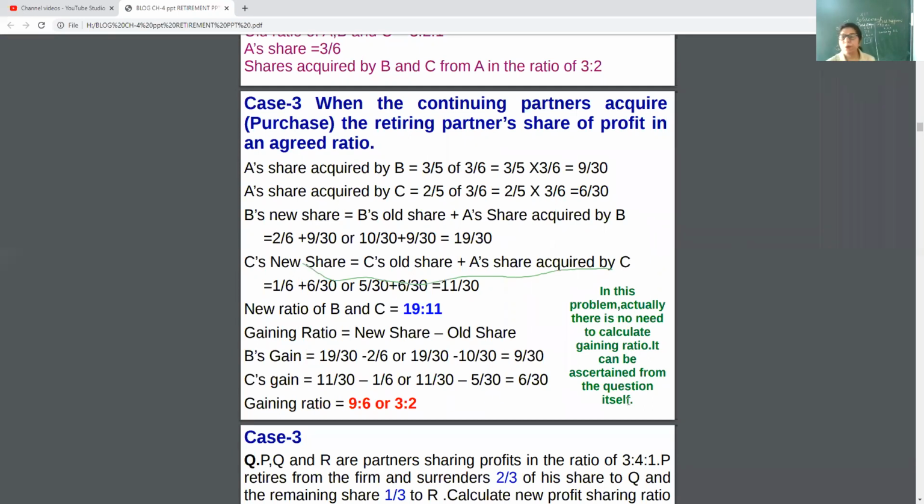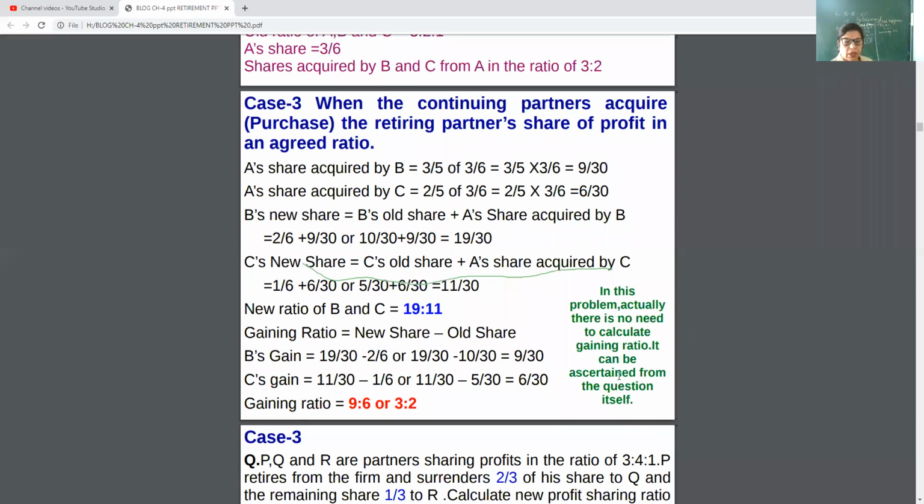But if in the exam it is asked that you should calculate the gaining ratio, you have to show it by the formula, new minus old, and for reminder you can learn GNO: gaining equals new minus old.